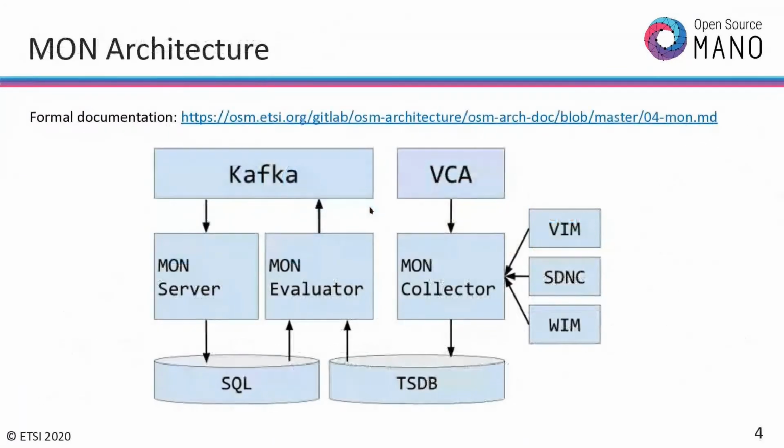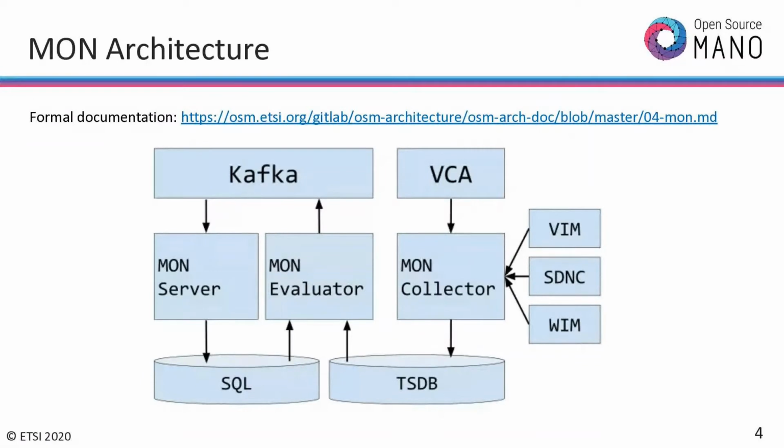So how does it work? The MON architecture is not so simple, but I will try to explain it clearly. In OSM, we're using a Kafka bus to interconnect all these modules.